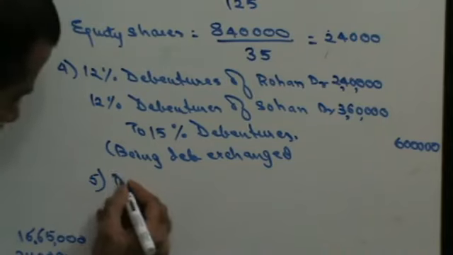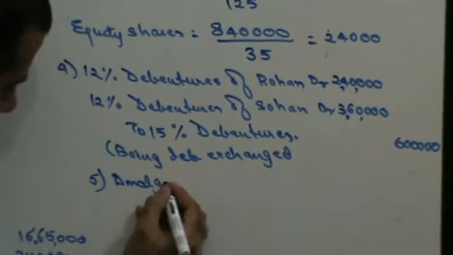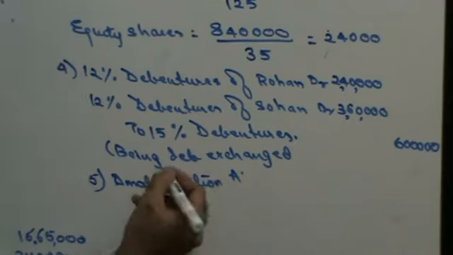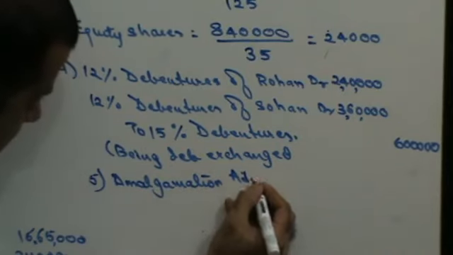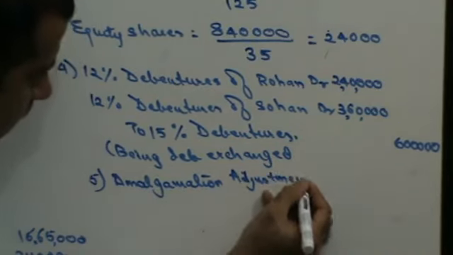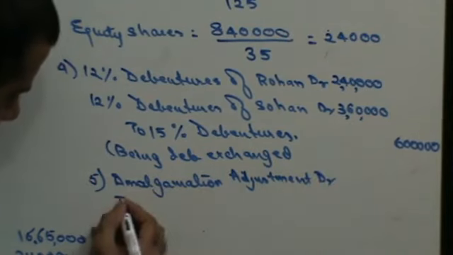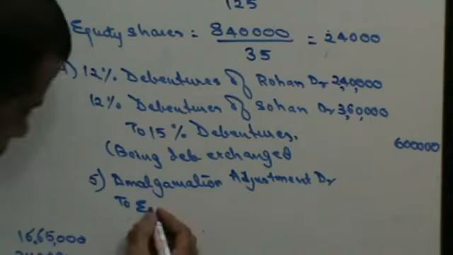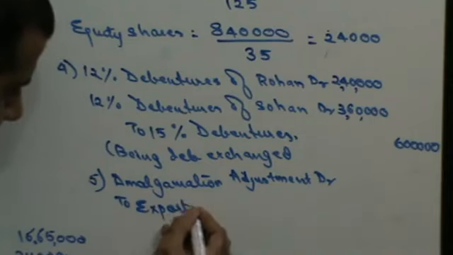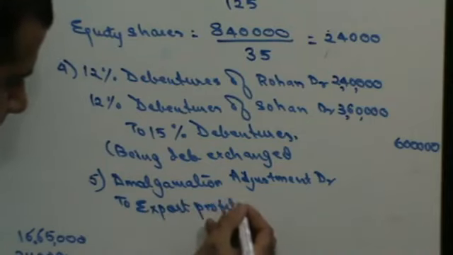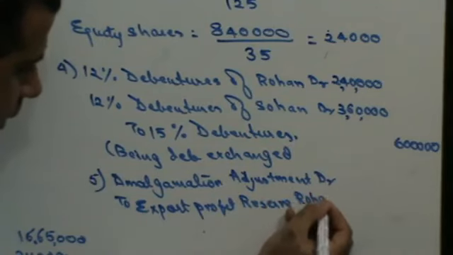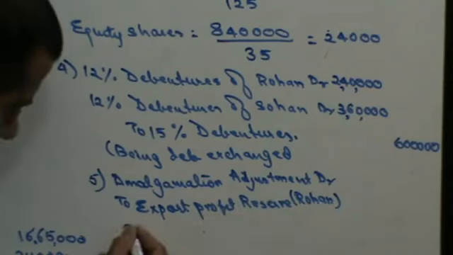This is called amalgamation adjustment account. Amalgamation adjustment account debit to export profit reserve of Rohan, and to export profit reserve of Sohan.